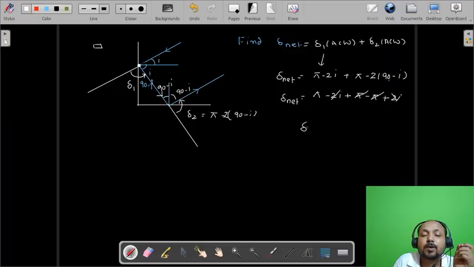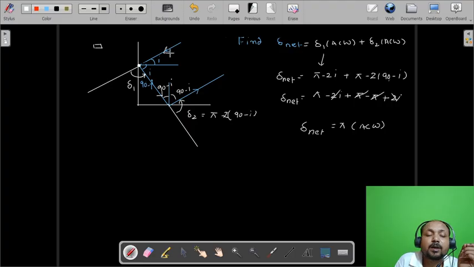So del net will be equal to pi in the anti-clockwise direction. Here we can say that the reflected ray has finally just reversed its direction from the direction in which it initially entered the reflecting surface.